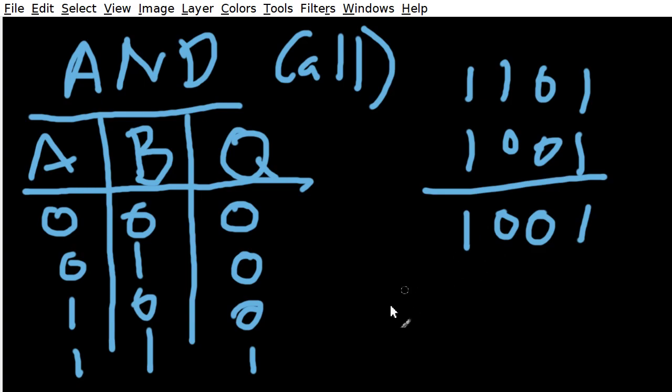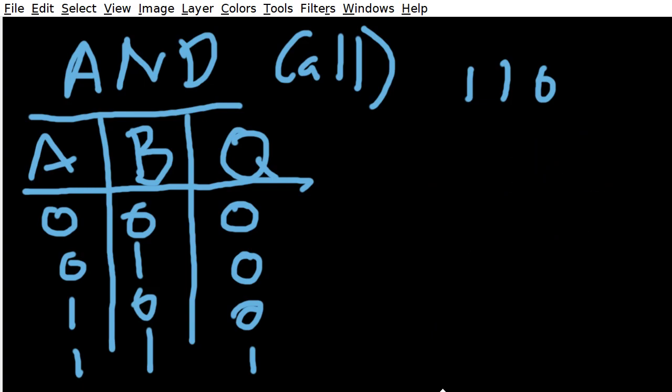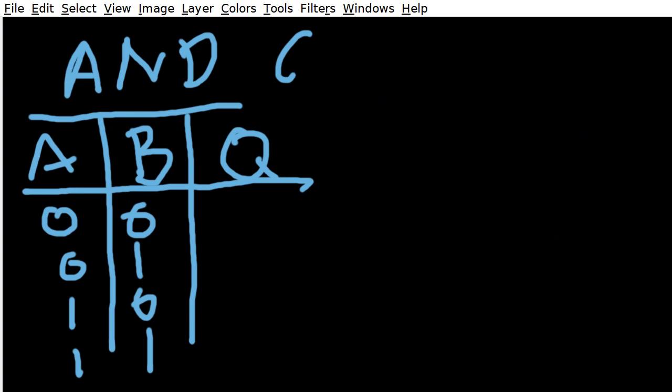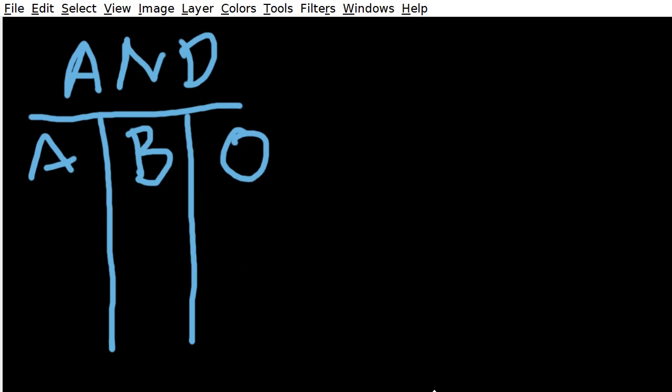So this is going to be the 8th place plus the 1st place. There's zeros in the 4th and the 2nd, so we're going in the 1st, so that's 9. Okay. These are the most basic ones.